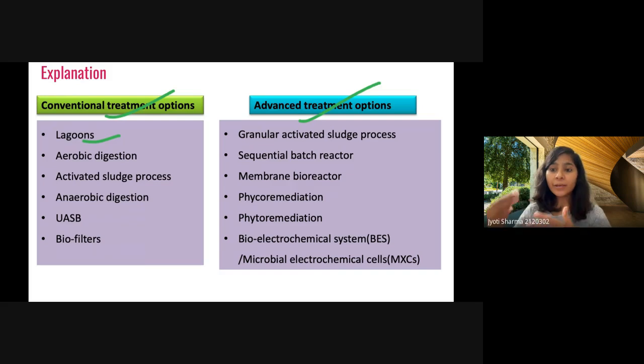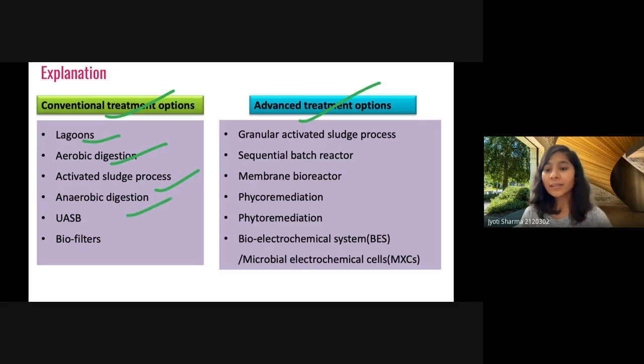Using that shallow lake or pond we can treat the water, so this will come under lagoons. Aerobic digestion: whenever we have organisms and we are giving oxygen, then this will come under aerobic digestion. Activated sludge process is part of aerobic digestion.